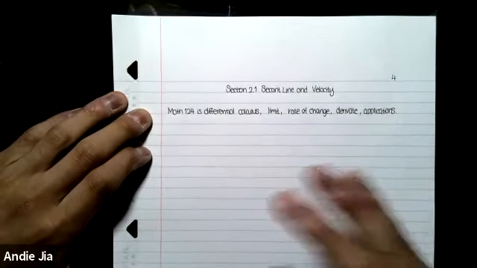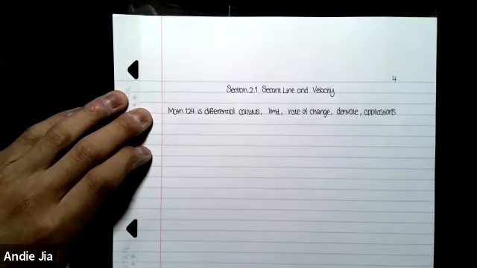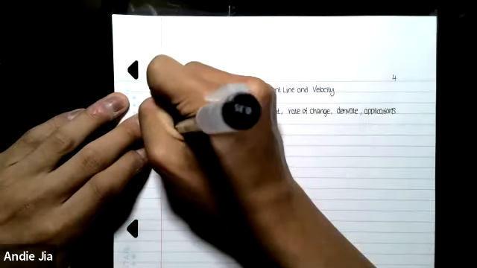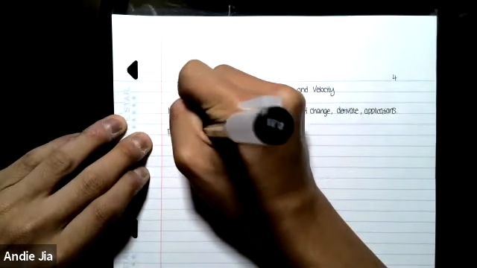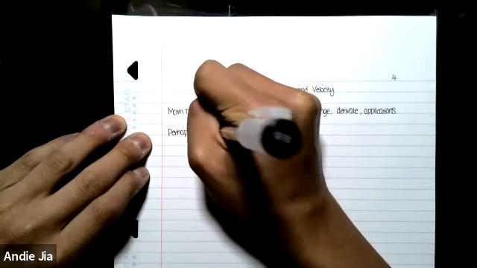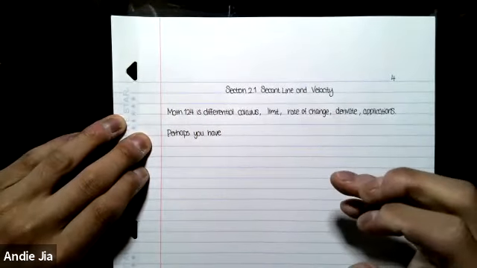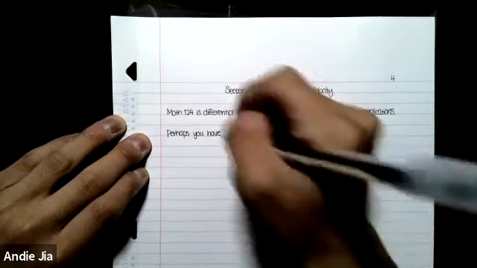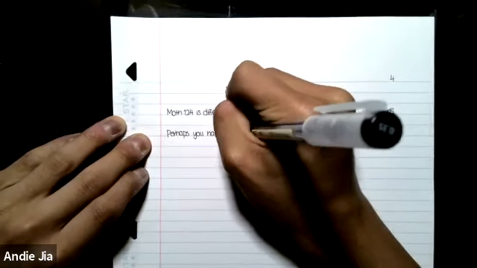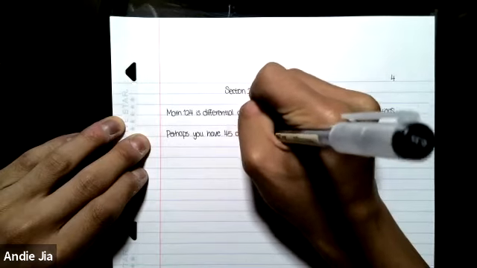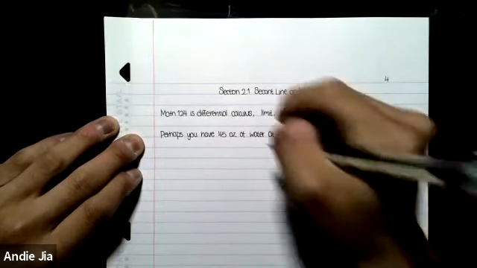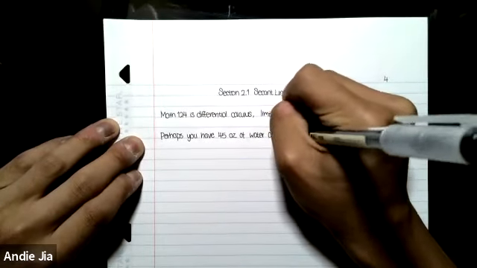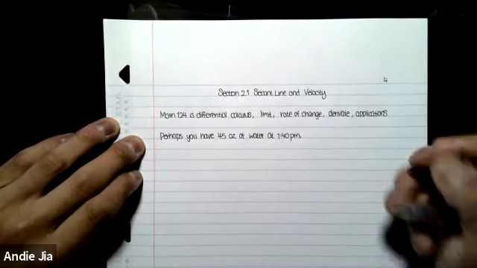Okay, here's an example for 2.1. So perhaps you have 45 ounces of water at 1:40 p.m., while it's a leaky bucket.